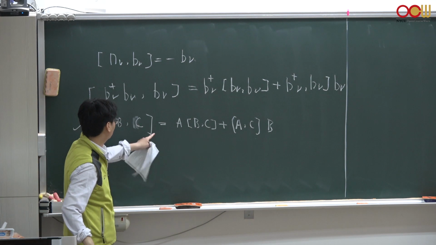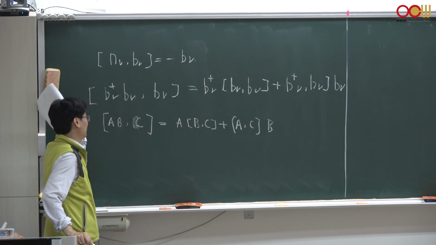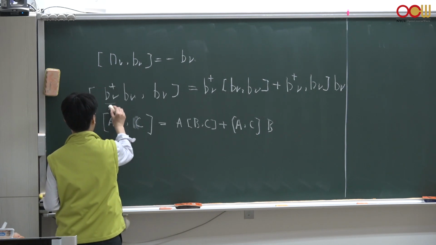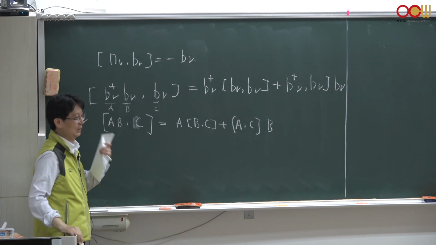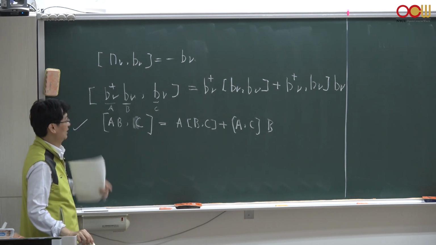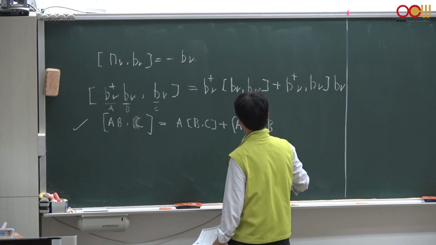I simply plug in this ABC commutator here, and this is A, and this is B, and this is C. Very simple. And you check these two terms separately.